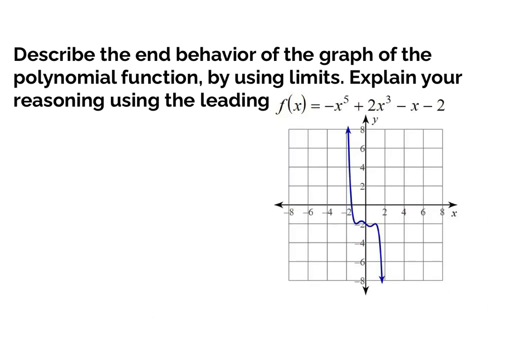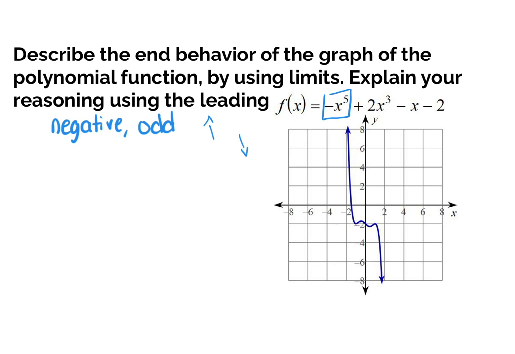We want to describe the end behavior of the graph of the polynomial function by using limits, but we want to explain our reasoning using the leading coefficient test. Just by looking at this, I know that the leading coefficient is negative, and I know that the degree is odd. So without having an actual image of the graph, I would know that the left is increasing to positive infinity and the right is decreasing to negative infinity just by knowing the leading coefficient.